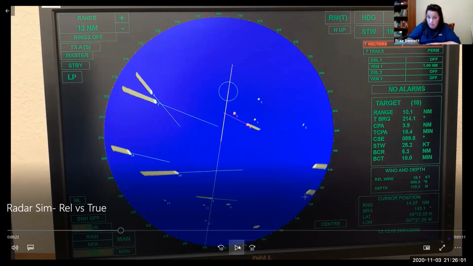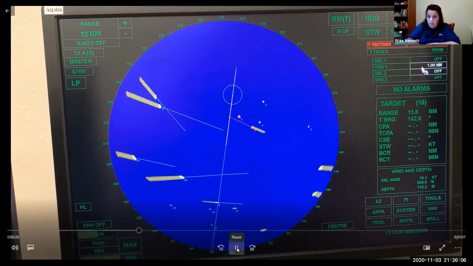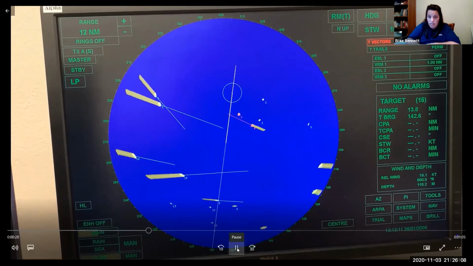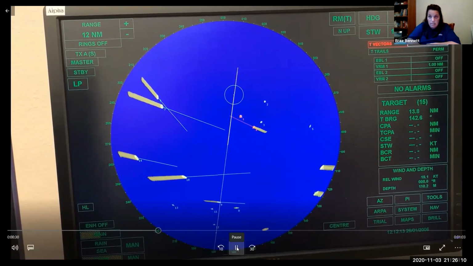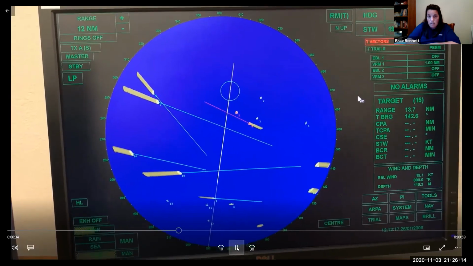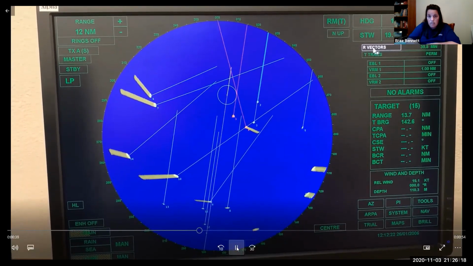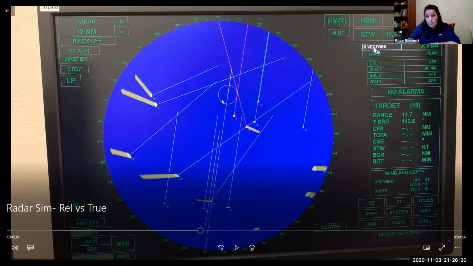They're not moving. Hold on, it'll go back. Okay, here's my relative motion line again. Those things that were dead in the water are a reciprocal course of what I was doing and my speed.